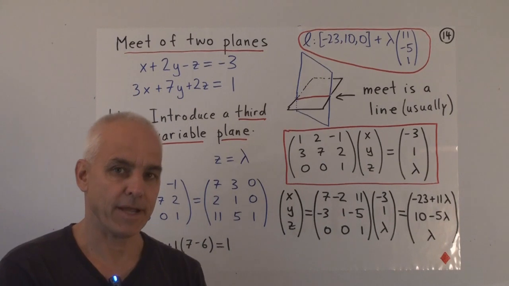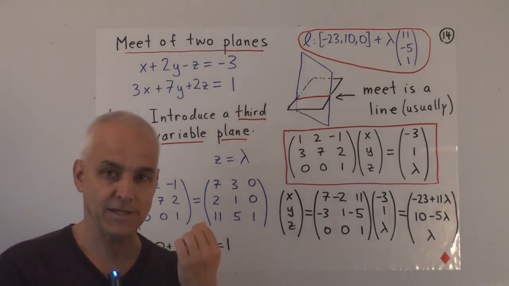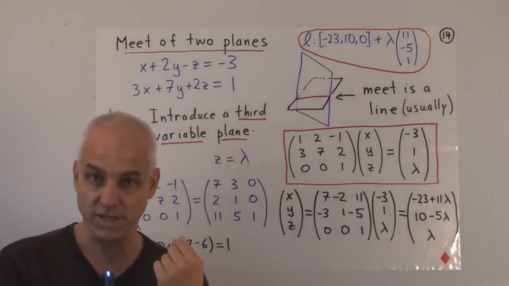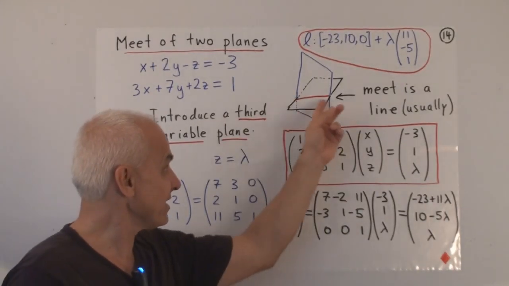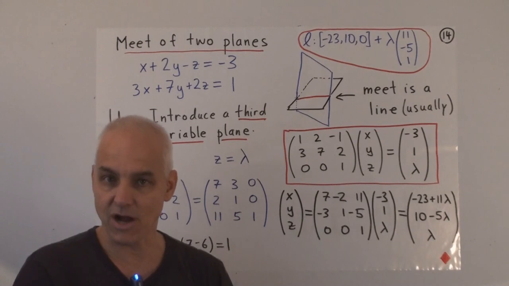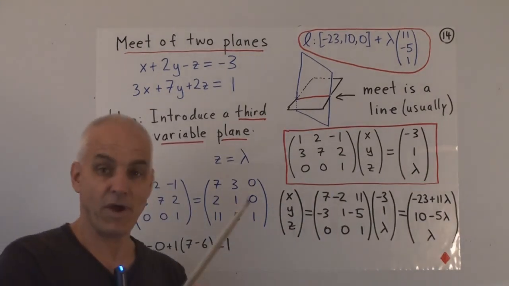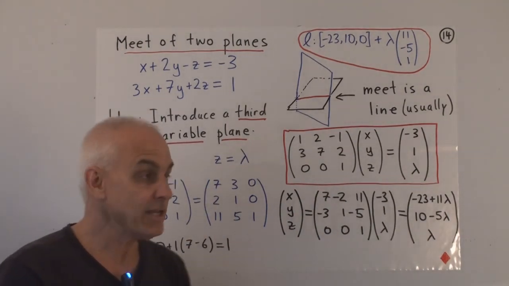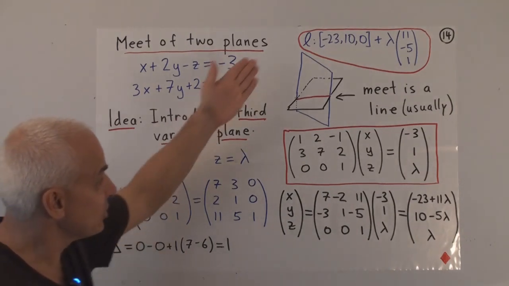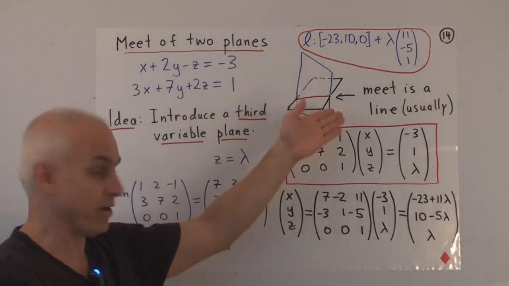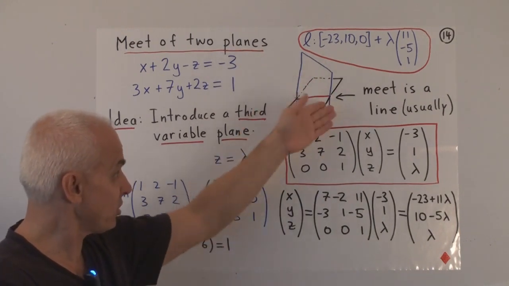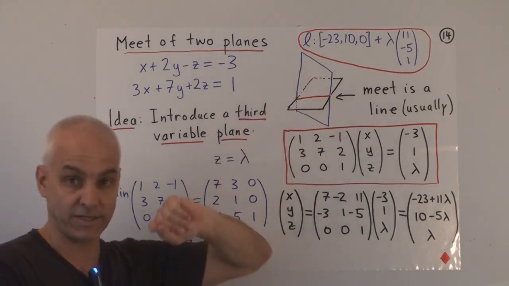Okay, so the thing is, a line is determined by a number of points, say 2 points on the line. So one way of finding this line is to find 2 points on the line. And one way of finding a point on the line is to intersect these 2 planes with a third plane. If we take an arbitrary third plane, it's going to meet that common line in a point.